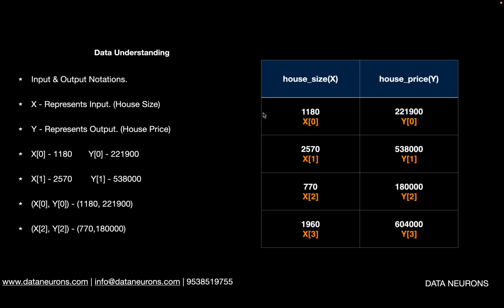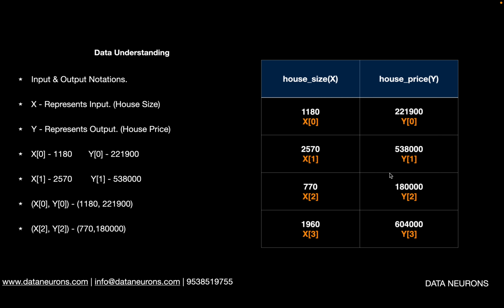Since we have learned in our pandas and numpy classes how to access the data, these are just the indexes. X of 0 means the first record in X. X of 1 is the second record. Since the index in Python starts from 0, I have written the index here, so that later when we build the model we can split or slice the data based on the indexing.